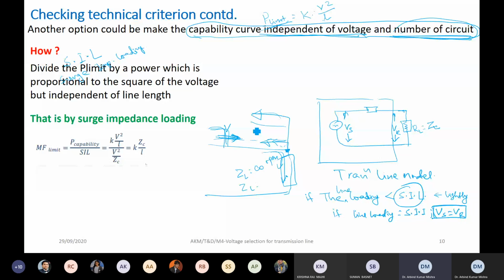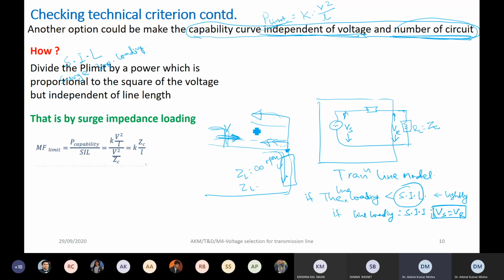As this characteristic impedance is almost constant, you can say that this is the MF limit, the multiplying factor limit. What is this multiplying factor limit? It is the ratio of P limit, that is the capability of the power to be transferred, to the surge impedance loading.